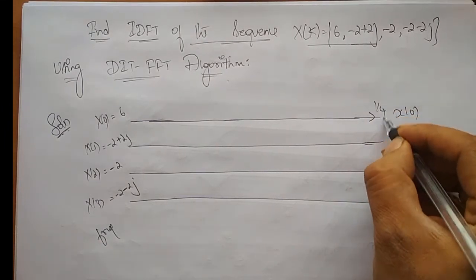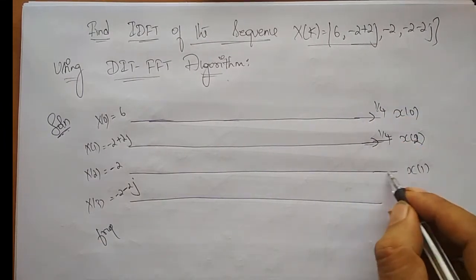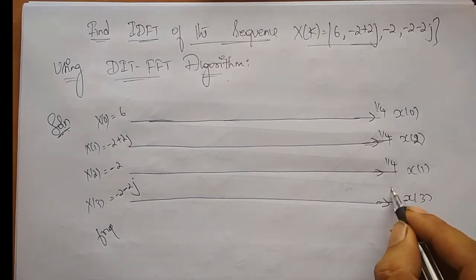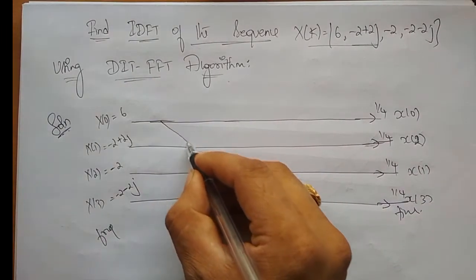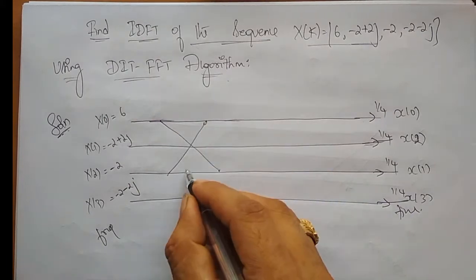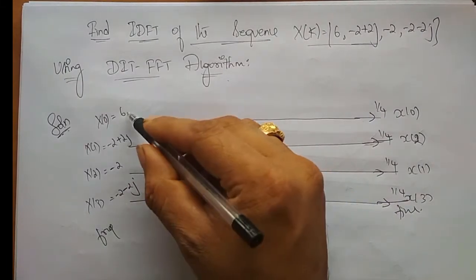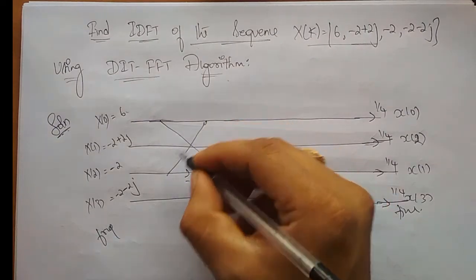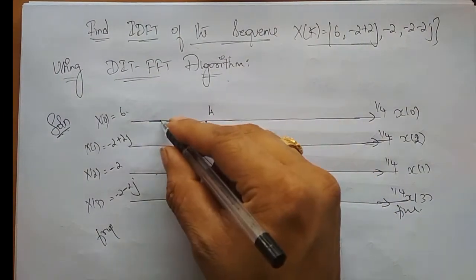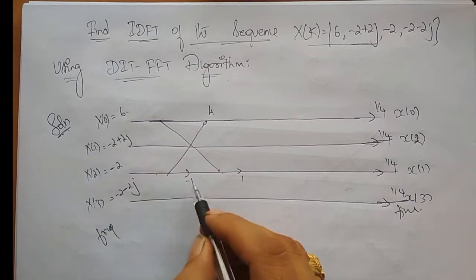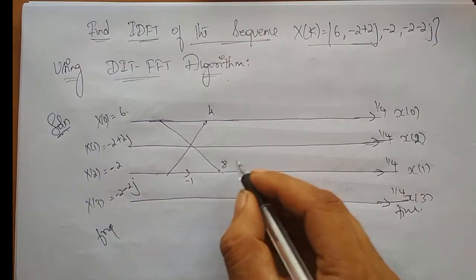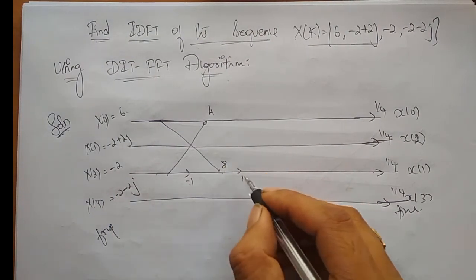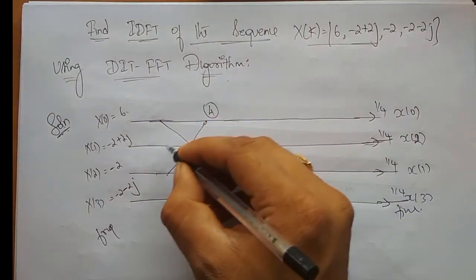So the output is scaled by 1/4. So first stage, this is 1, so 6 minus 2, which is 4, and I have 6 coming here, minus into minus plus 2 is 8, and scaled by 1, so I end up with 8.